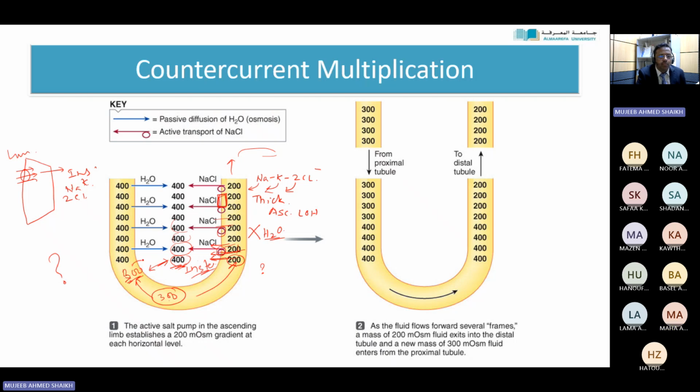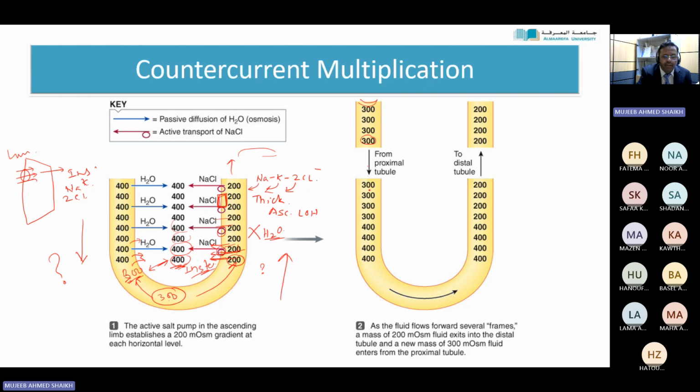So it will start reabsorption of water, and the cycle will go on because this is a fluid flow, countercurrent, in the opposite direction. Next time it will start with 300, because 300 is the osmolarity of the plasma.